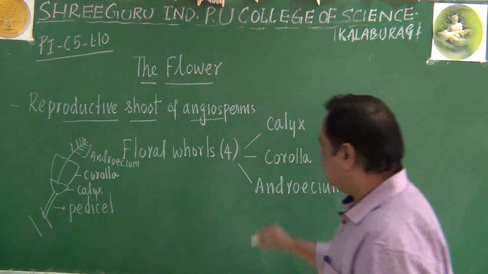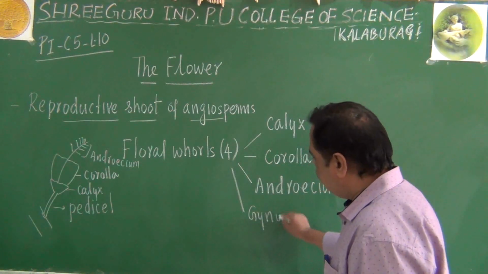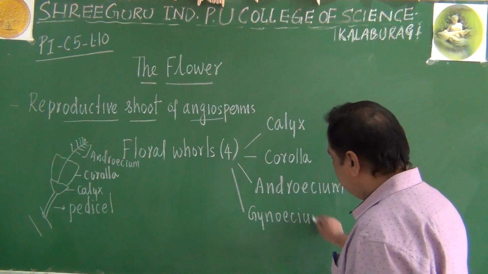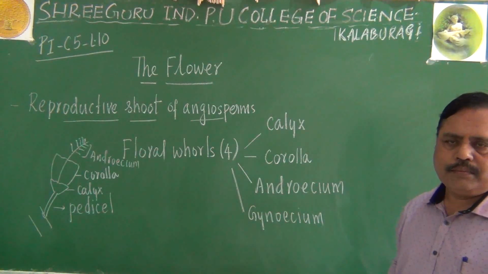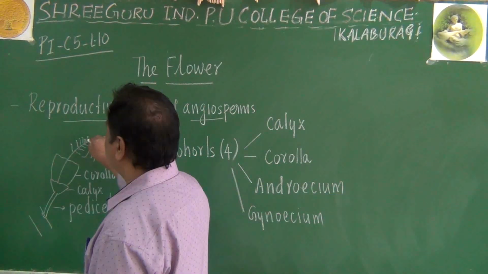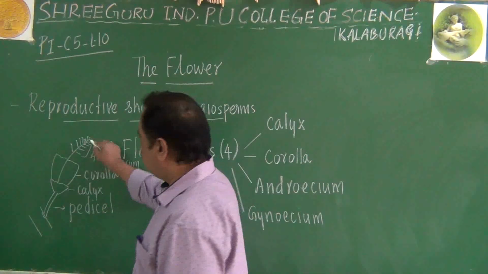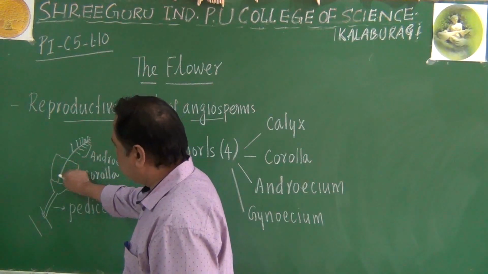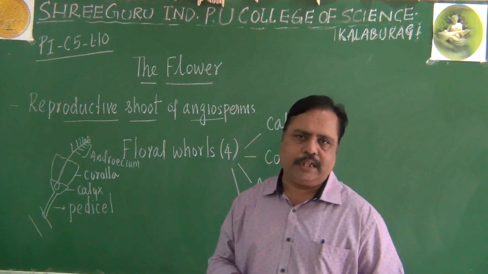Fourthly, there is a part of the flower called the gynoecium. In hibiscus, this gynoecium can be observed as a black colored structure here. Of course, it has some hidden parts also, and some parts are present here. We will describe it later.